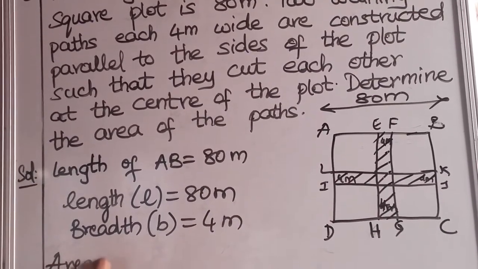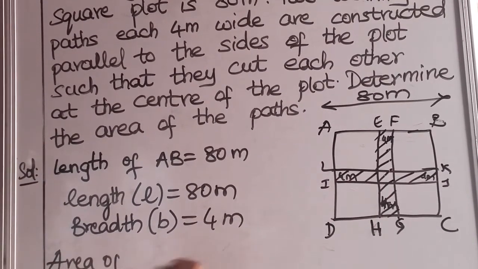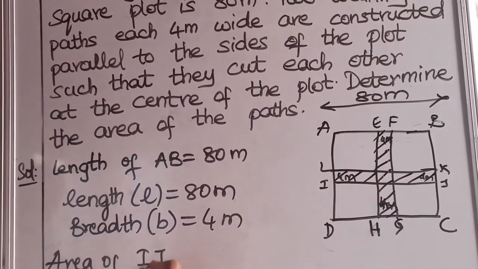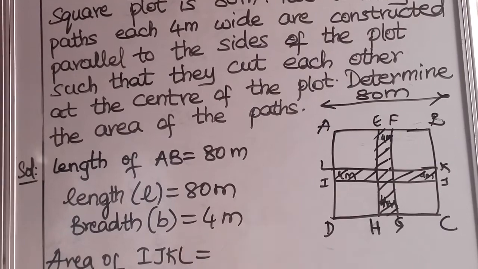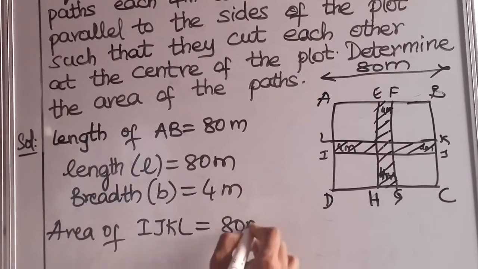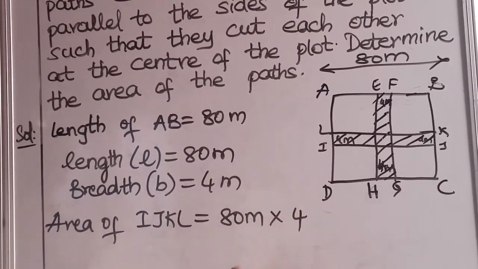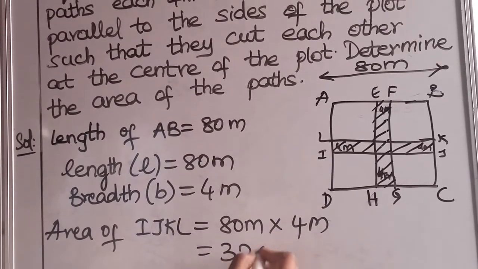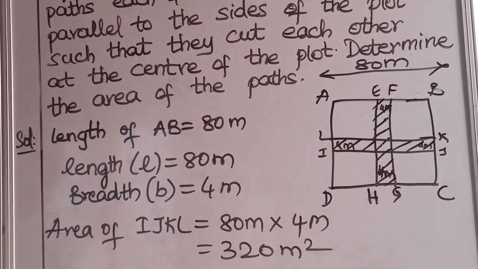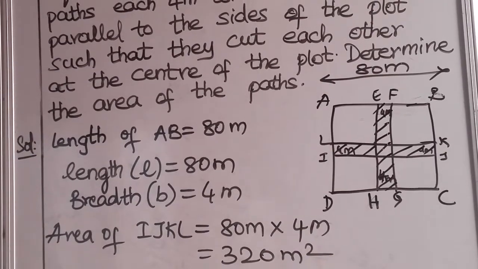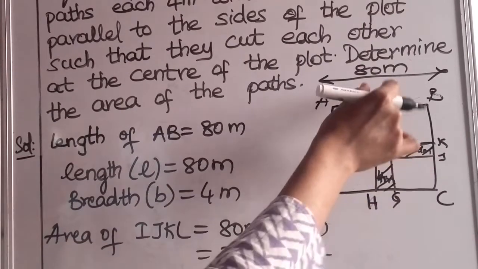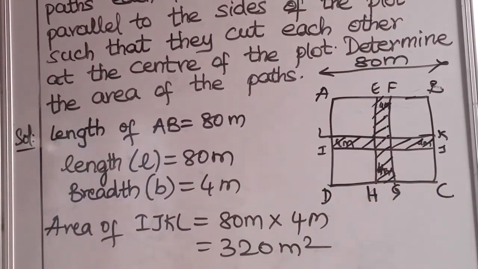So area of IJKL is equal to 80 meters into 4 meters. 4 8s are 32, 1 0 is there, so it is 320 square meters. When you take this side, because it is a square, the length and breadth will be same.